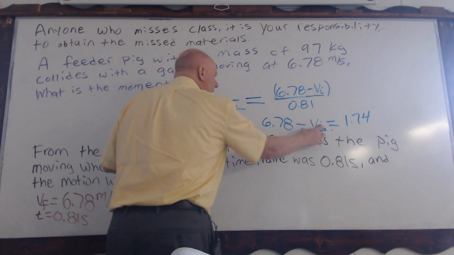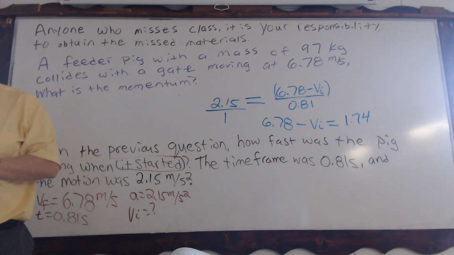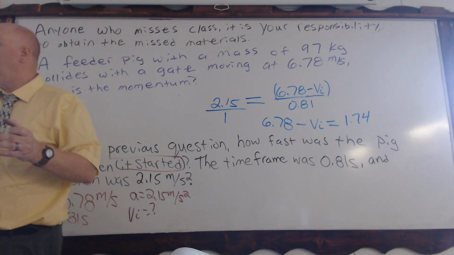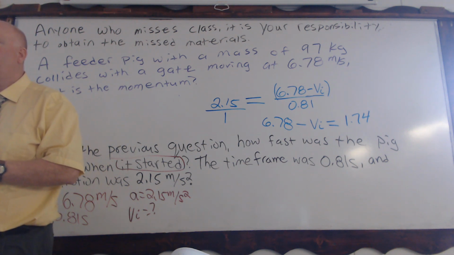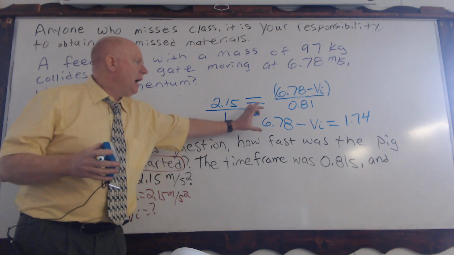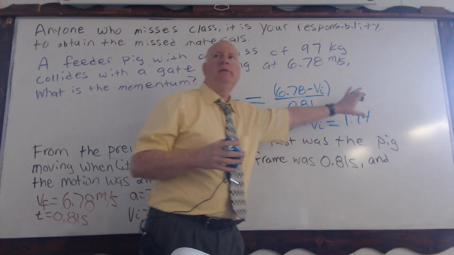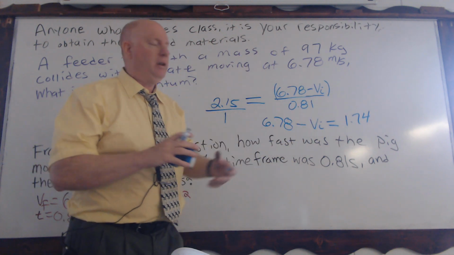So we need to get this VI all by itself. How would we get VI all by its lonesome? If this is a positive value over here, how can we get this number over to that side? You're going to subtract, okay?